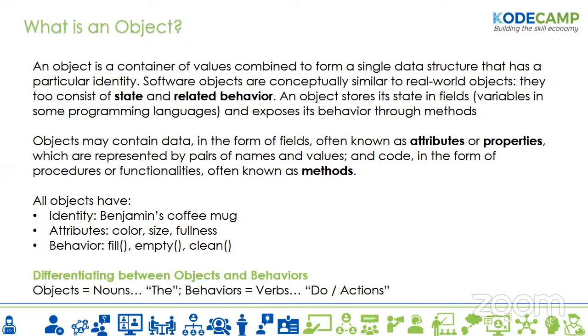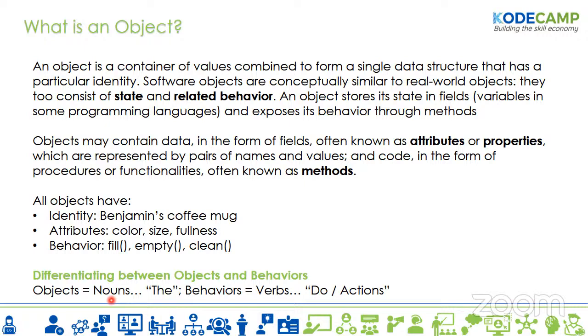You ask yourself, this thing I want to describe, can it be considered a noun? For example, things that you can describe using the word "the." Things you can describe using "the," you would consider as objects. So, for example, the mug.